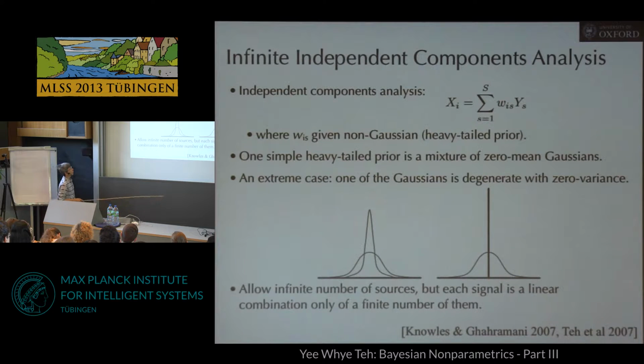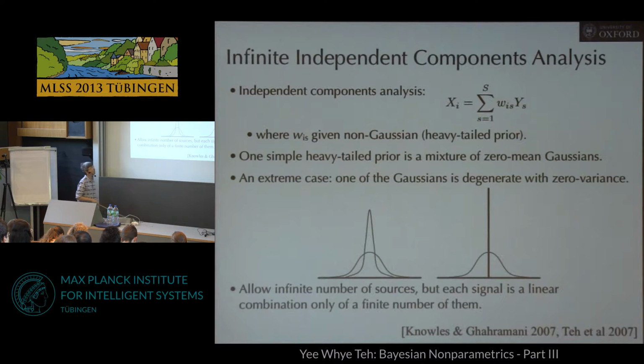One extreme, very simple case is to say that one of the Gaussians has a variance which is basically degenerate, basically zero. If you pick this Gaussian, you're going to have 0 with probability 1, and if you pick the other Gaussian, you draw from that Gaussian. So the prior looks like a Gaussian with a spike at 0.